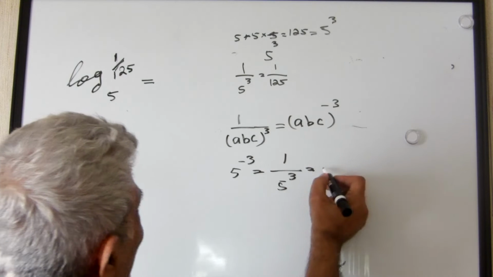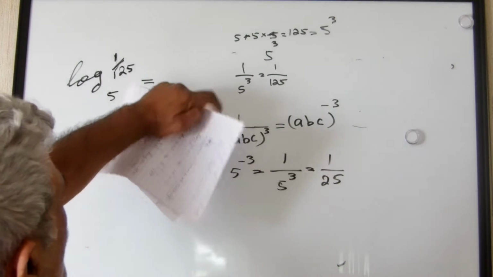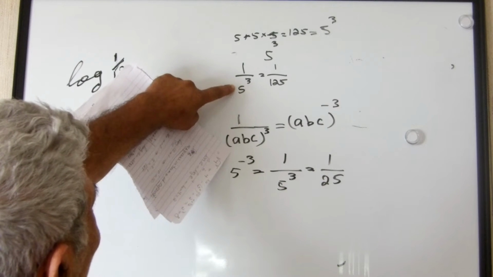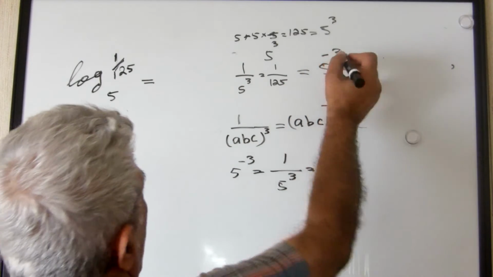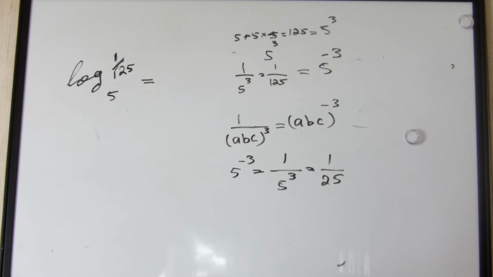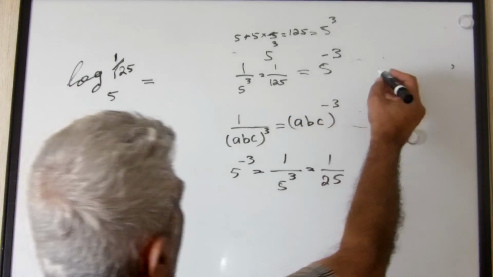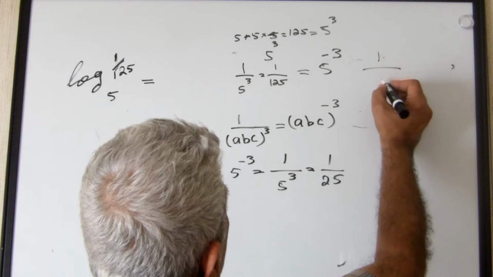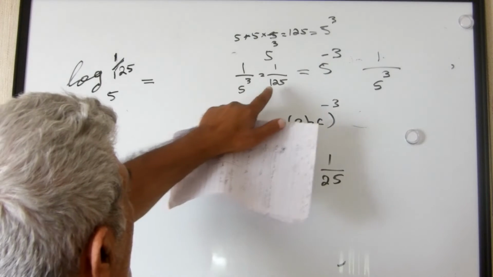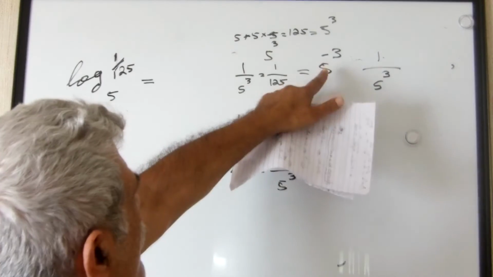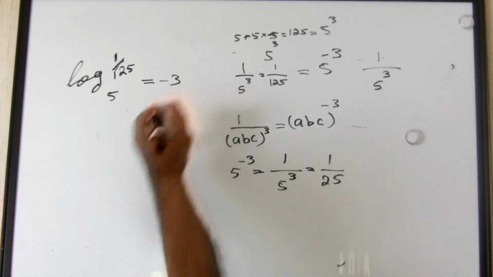So this is going to be 1 over 125. See, what you do, you write the 5 over, you invert it, you say 5 to the power of 3 is equal to this, and this is equal to that, 5 to the power of -3, we can write it that way. So it's going to be -3.